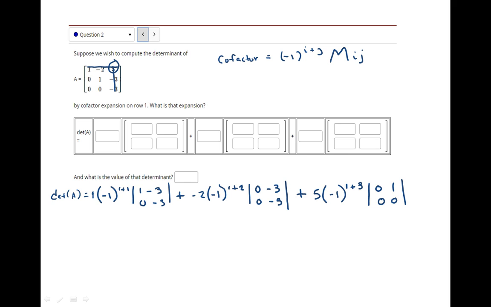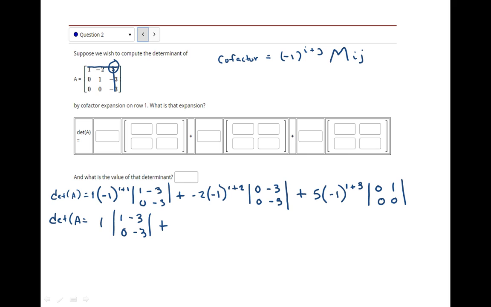So let's just go ahead and clean this up a bit before we plug it in above. So the determinant of A will be equal to, well, negative 1 to the 1 plus 1 would be negative 1 to the second, which is just 1. And 1 times 1 is 1. So we'll have 1 times the determinant of 1, negative 3, 0, negative 3, plus negative 1 to the third power is negative 1.